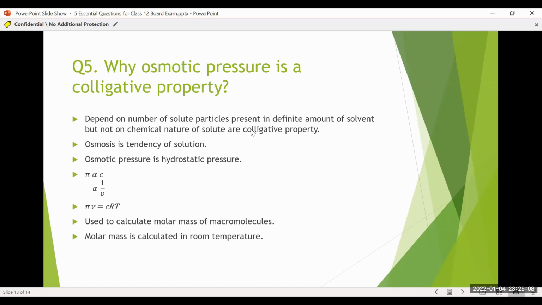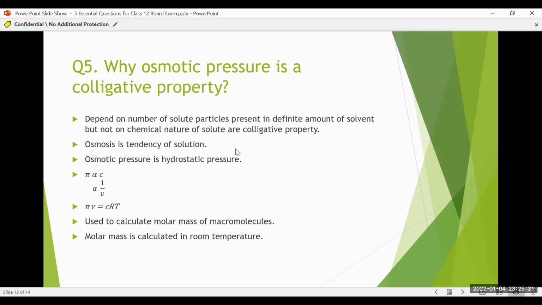Osmosis वो process है जिसमें solvent का flow होता है from lower concentration to the higher concentration of the solution. Osmosis basically takes place through a membrane which is called a semi-permeable membrane.